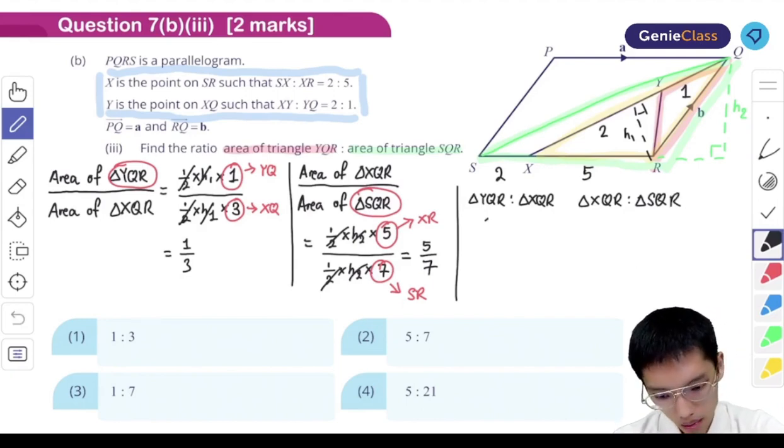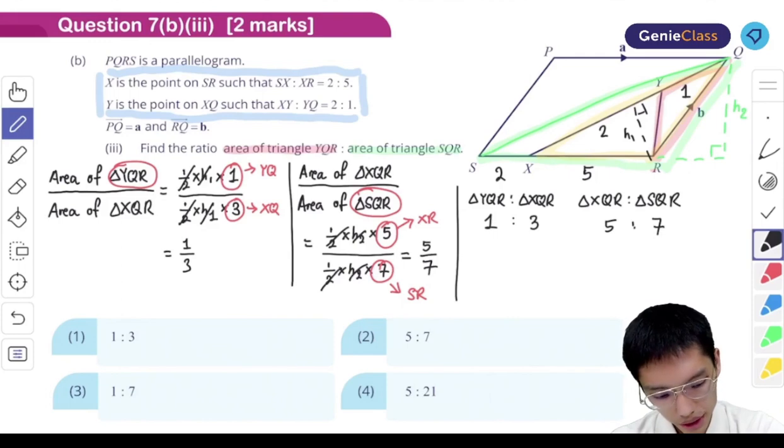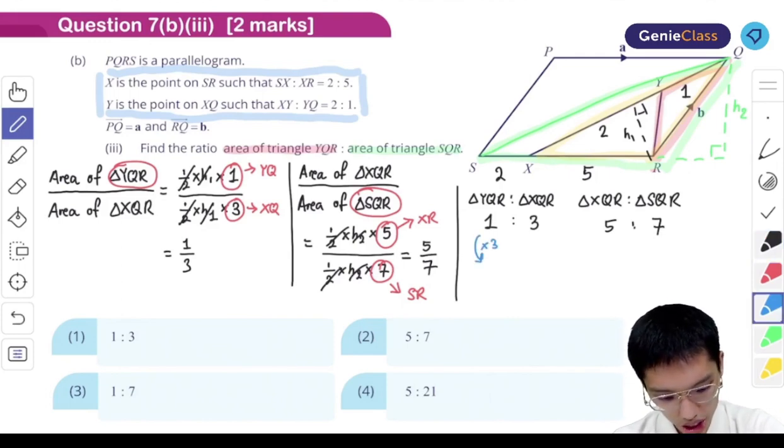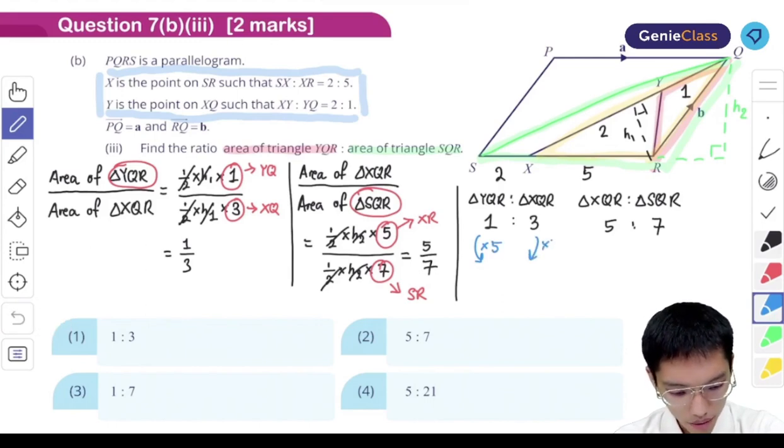Once we have them, 1:3, 5:7. We have to make XQR the same. All these should be familiar to you. In this case we should times 5, sorry for that. Times 5 over here, and over here I times 3.